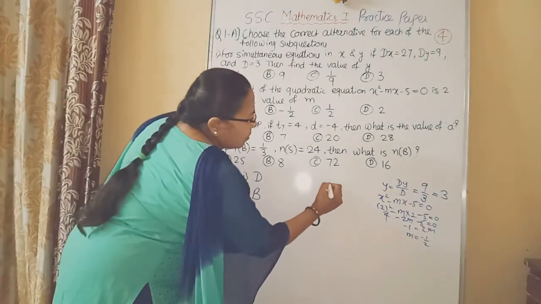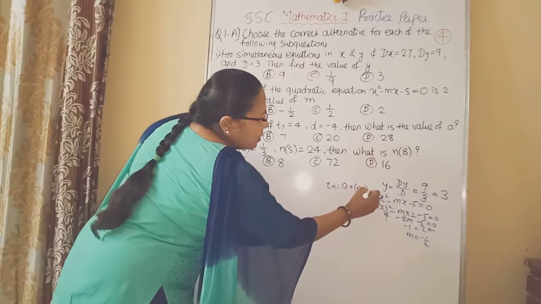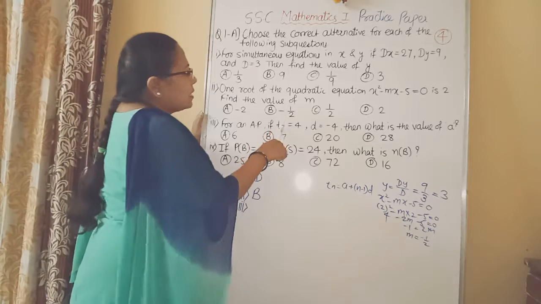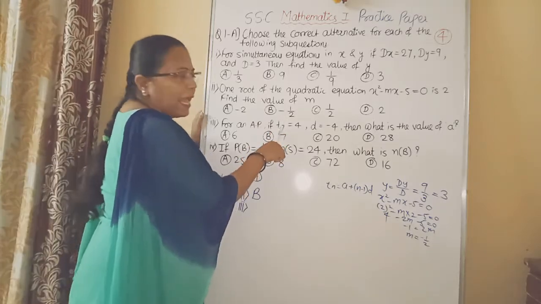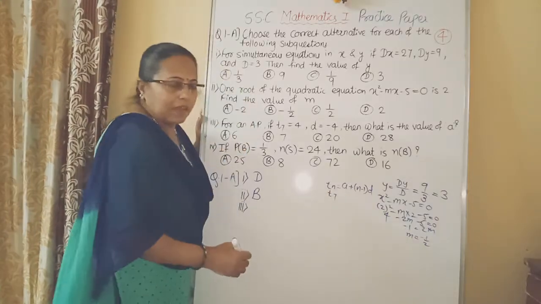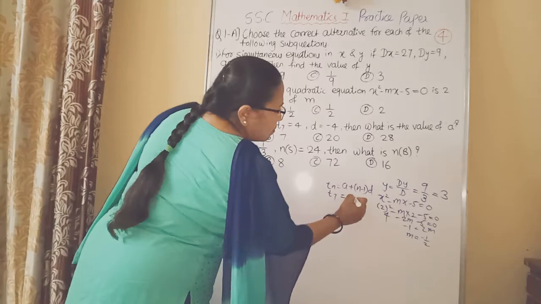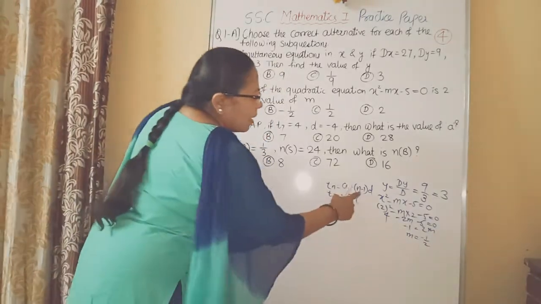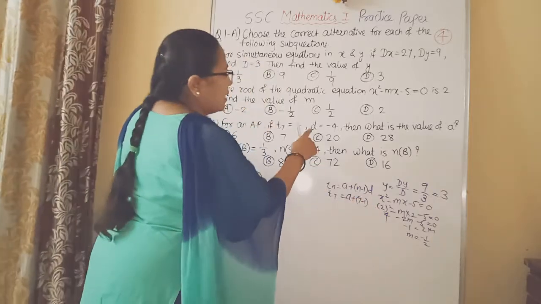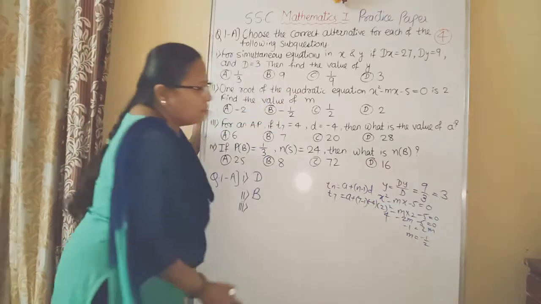The nth term formula: Tn is equal to A plus n minus 1 into D. T7 is given, so you have to substitute n is equal to 7. So here T7 equal to A, the value we have to find out, plus bracket n minus 1, so 7 minus 1, and D is given minus 4, so put in bracket into minus 4.